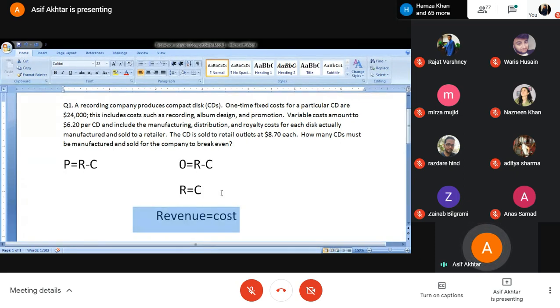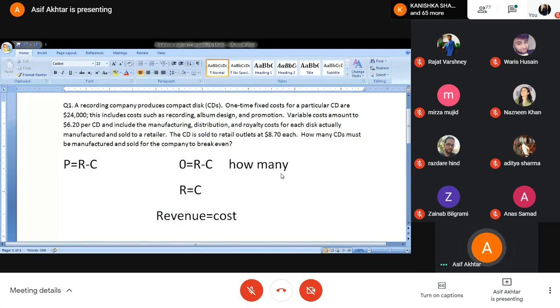Based on this revenue equal to cost, we have to solve this question and find our answer: how many CDs the manufacturing house must manufacture in order to break even. So this is what we are looking for.